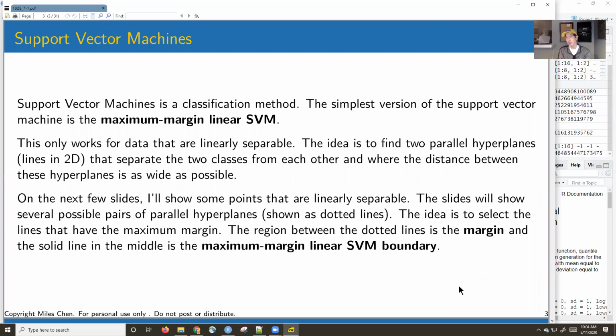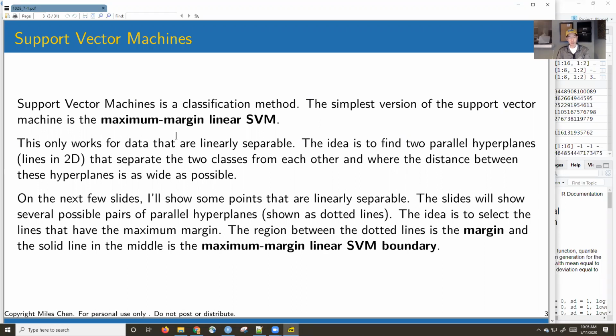If you hear someone use a support vector machine, it will generally not be a linear SVM. It will be what we'll call a kernelized SVM, where they apply this special function. But it's built as an expansion of this topic of the maximum margin.